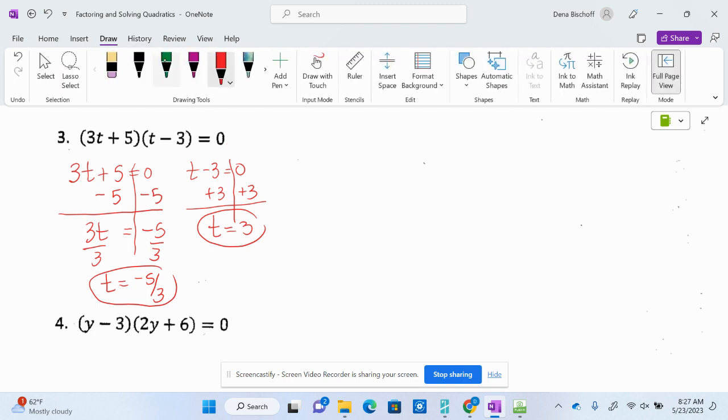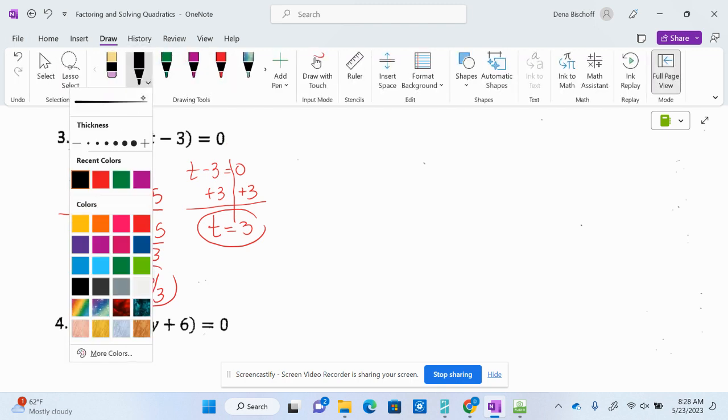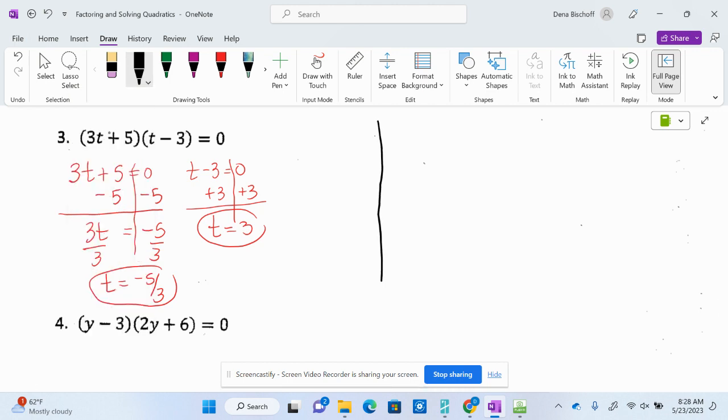So I'm going to, again, sketch the graph. You guys do not have to do that. You don't have to sketch the graph. I just want you to see what's happening here. I have a positive 5 and a negative 3. So my y-intercept is going to be negative 15. So this is where I'm going to cross the y-axis at negative 15.